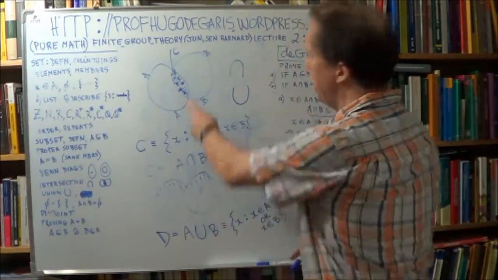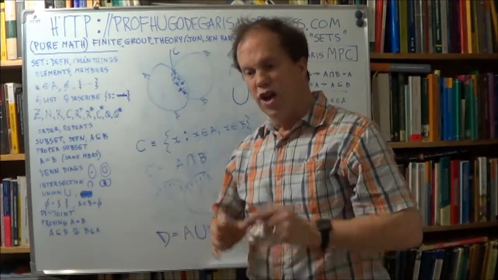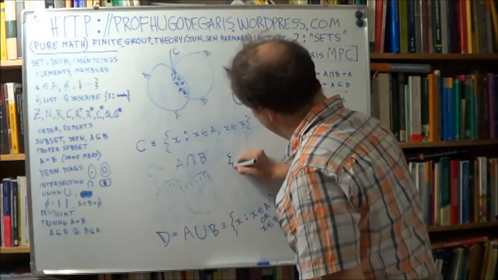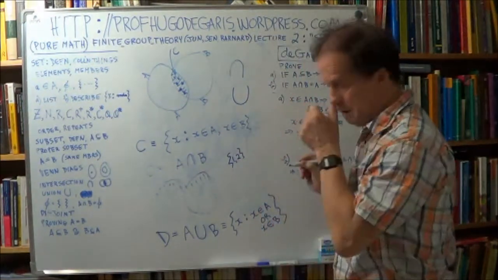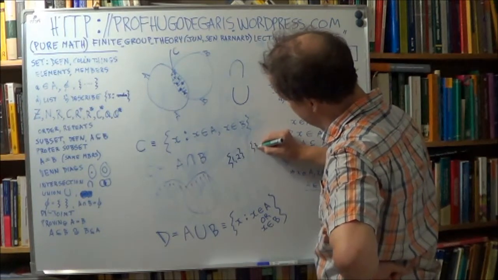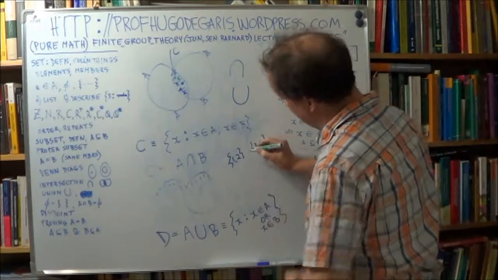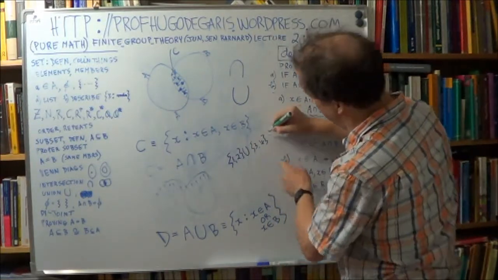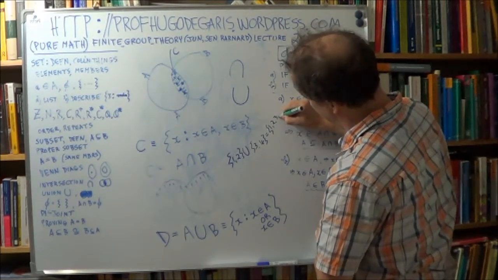Okay? Now, what happens if two sets have no elements in common? For example, here's a set, just the set of the two numbers 1 and 2, and here's another set, 3 and 4. So the union of these two would be 1, 2, 3, 4.